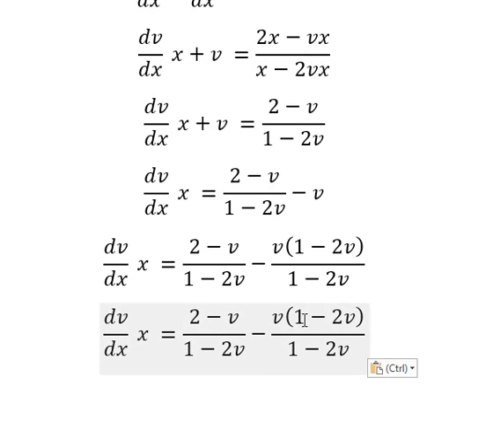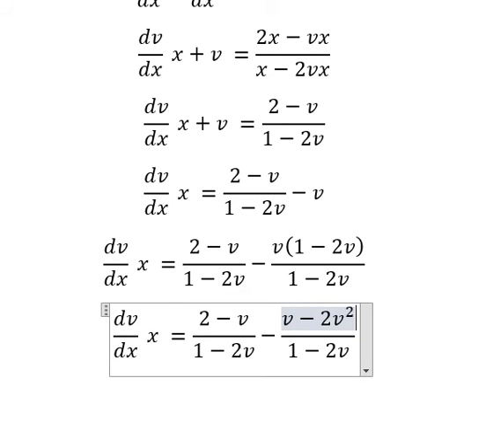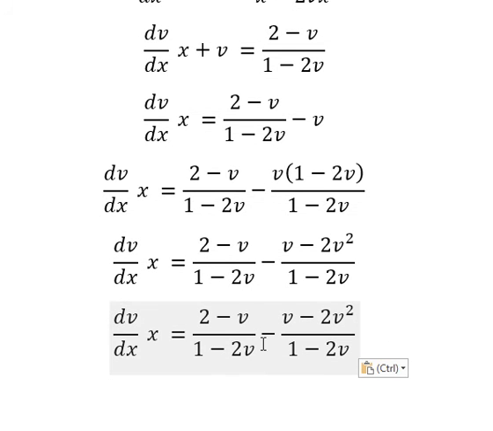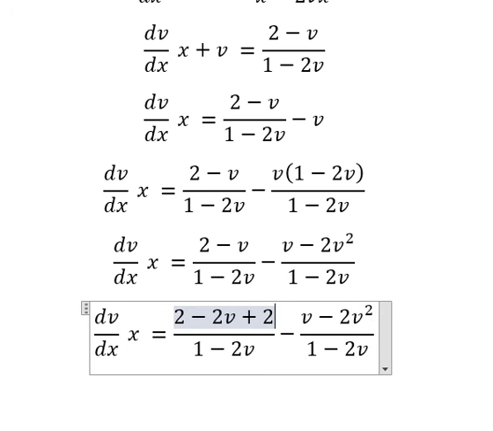So v multiplied by number 1 and 2v in here. So negative v, negative with v, we have negative 2v, negative and negative, we have positive 2v square.